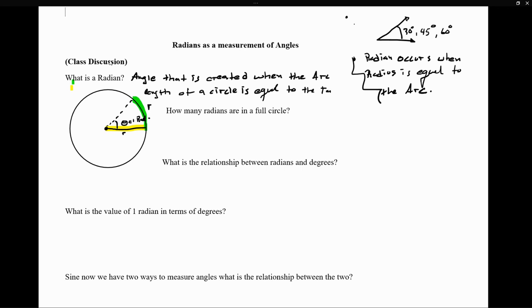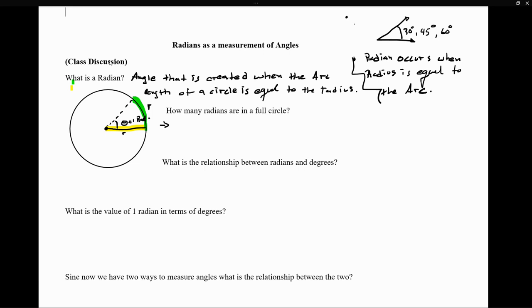This is like what we have said previously, but we just want to put a formal definition to it. So now that we know that this is what we're going to refer to as radians, the question is, how many of these radians do we actually have in a full circle?